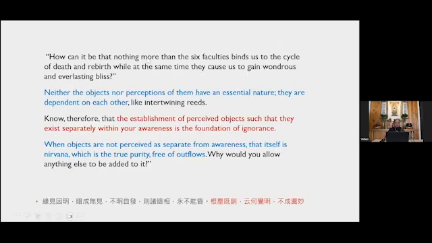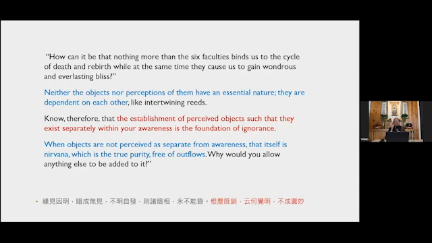Okay, so again, the Buddha reminds Ananda, neither the objects nor the perception of them have an essential nature. They are dependent on each other. Therefore, the establishment of perceived objects as existing separately within your awareness is the foundation of ignorance.